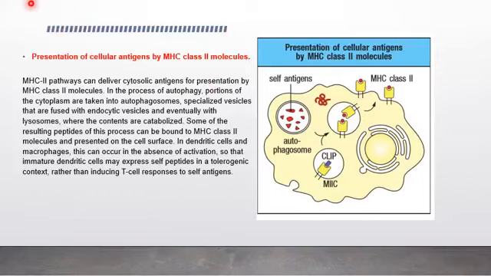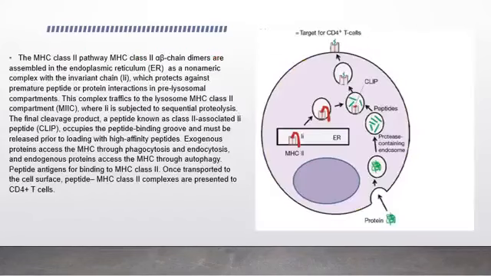Okay, so then we'll jump to explaining how cellular antigens are presented by MHC class 2, and then how the T cells recognize them. Please just focus on this slide to understand it.